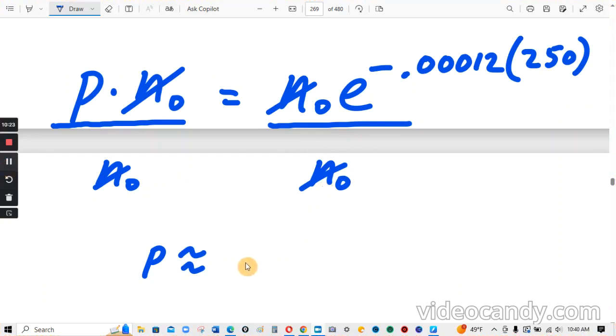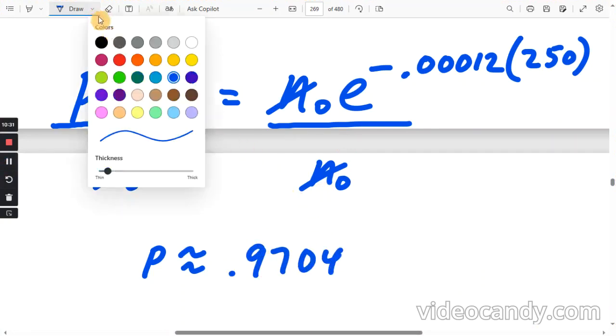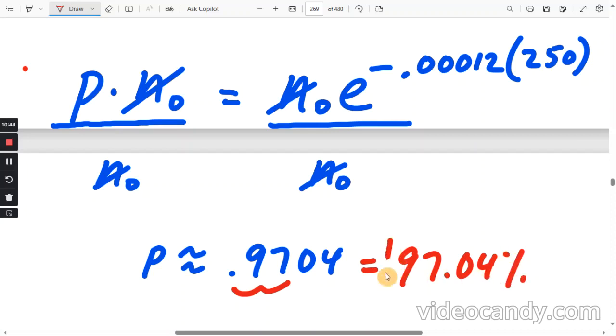So rounding off, p is approximately 0.9704. How do we convert that to a percentage? Well, you just move the decimal over 2 places, and that's going to be 97.04%.